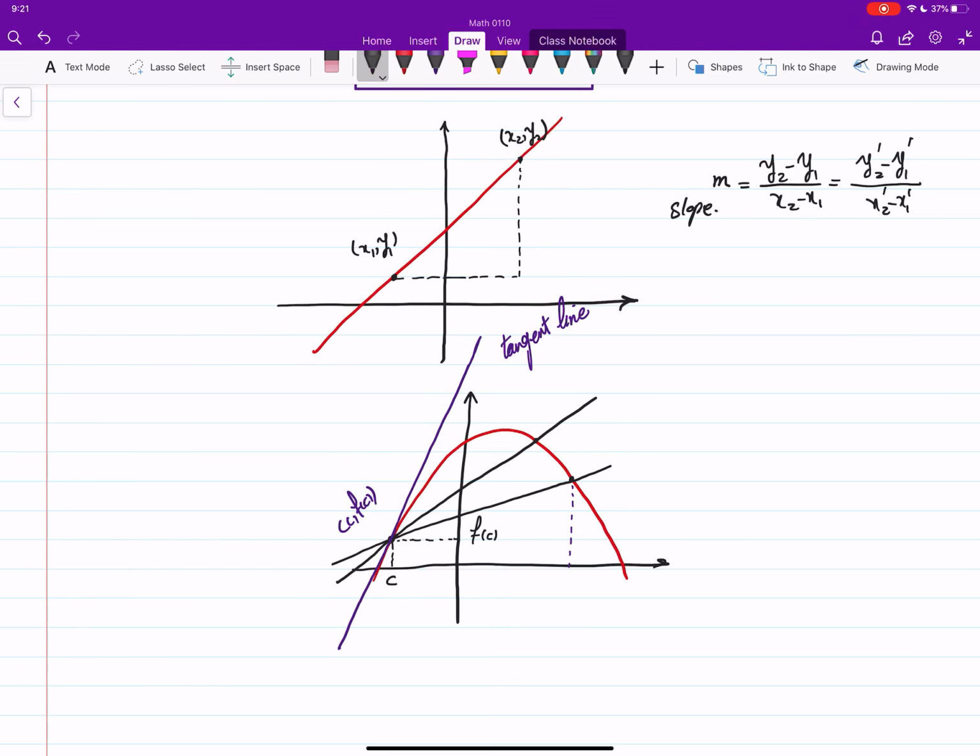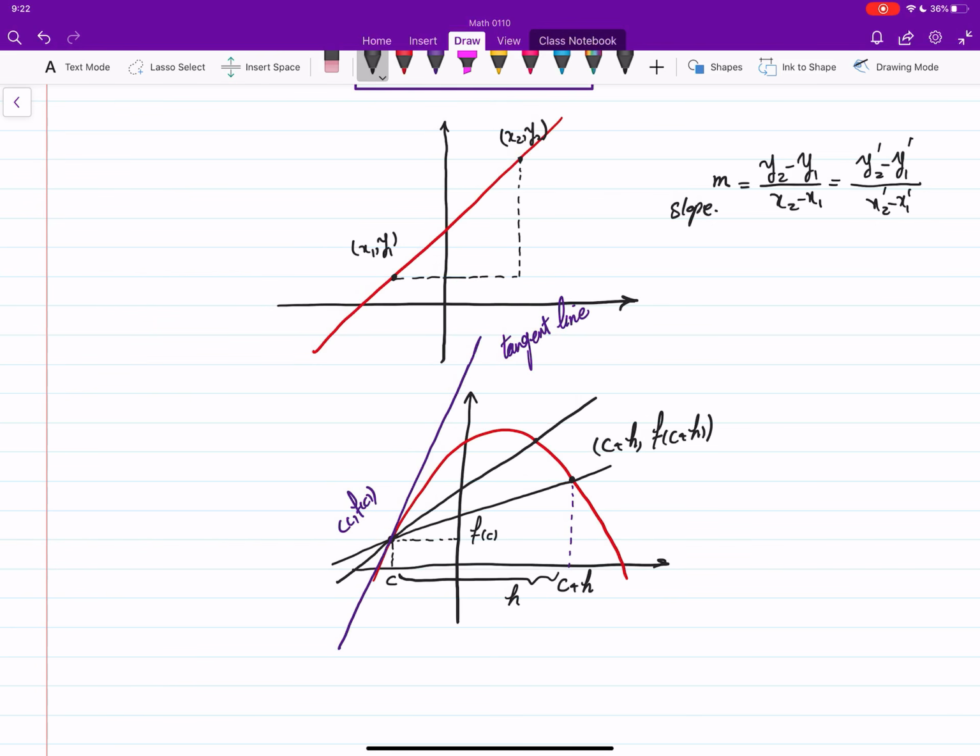I will go with the black one. This is c, the point that we are working on. But any other point, you can write it as c plus h. In other words, for me the distance between c and c plus h is important. So here is h. Then the point on the graph with that x is going to be c plus h and f of c plus h.